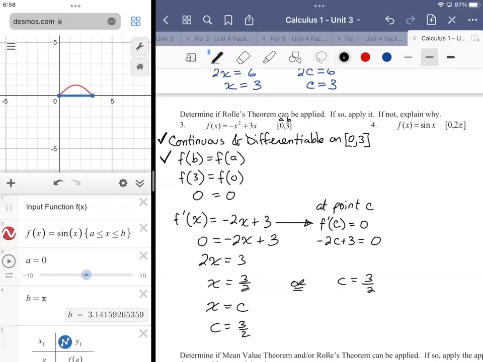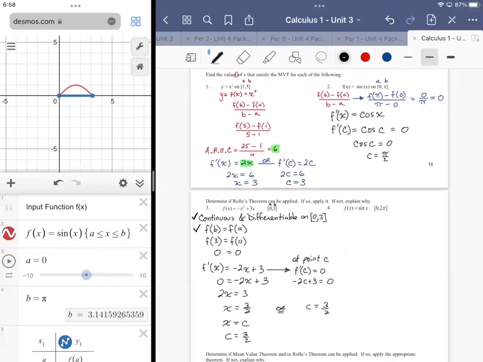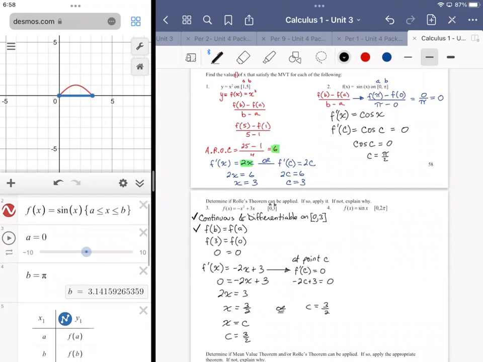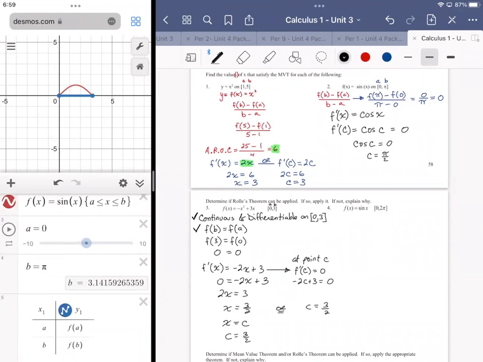All right. So what I was mentioning before with the second example is that there are instances where Rolle's theorem and the mean value theorem coincide. So this applet that we created for the mean value theorem can also be used for Rolle's theorem, because what's happening is if the heights are the same at the endpoints, then the average rate of change between those two endpoints would have to be equal to 0.